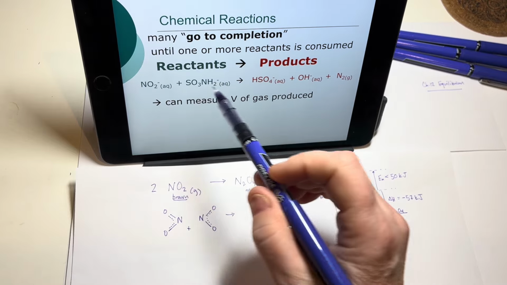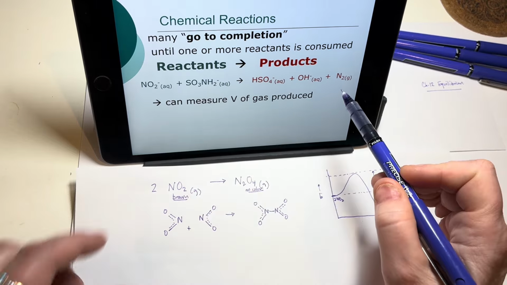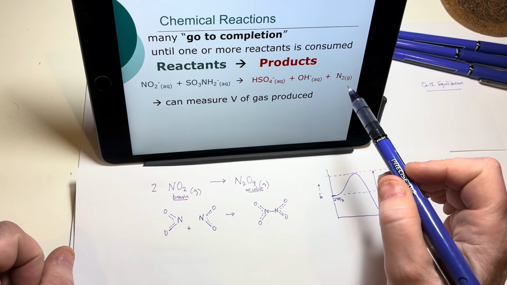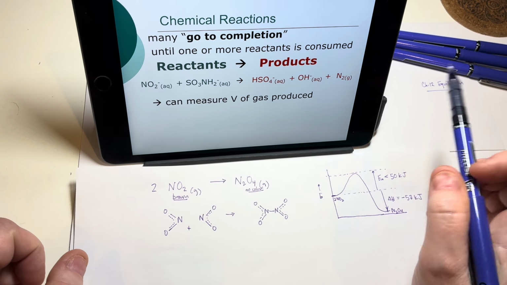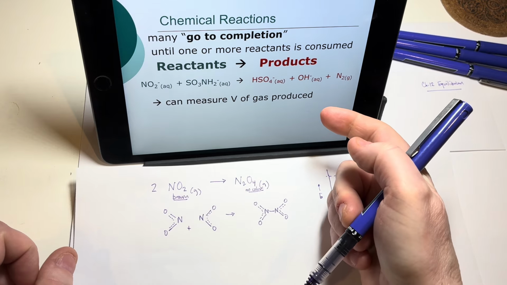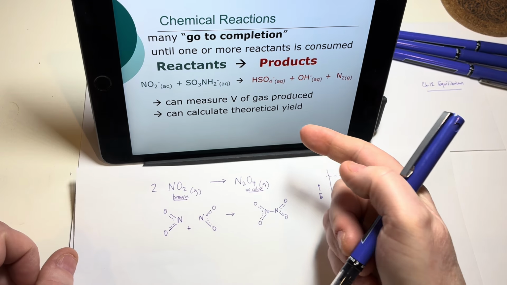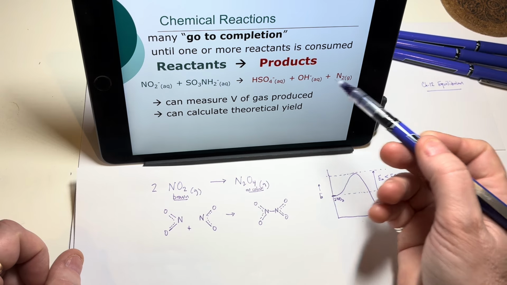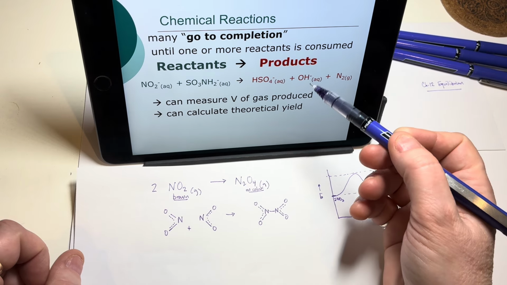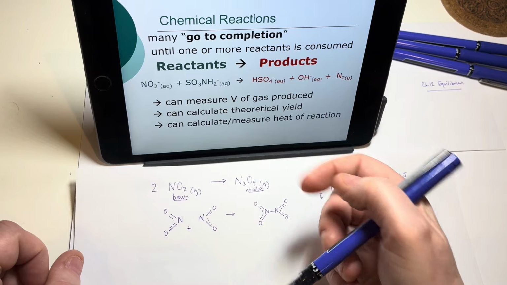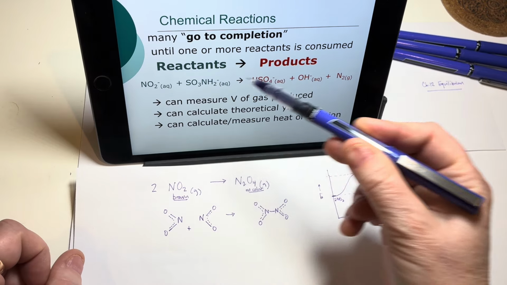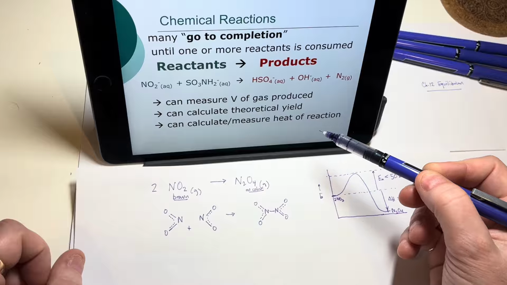We assume the reaction goes to completion, using up the limiting reactant, and we get that nitrogen. We collect it by water displacement and measure the volume of the gas. We can also calculate the theoretical yield of any of these products, the nitrogen or any of the ions. We can calculate or measure the heat of the overall reaction when it completes.